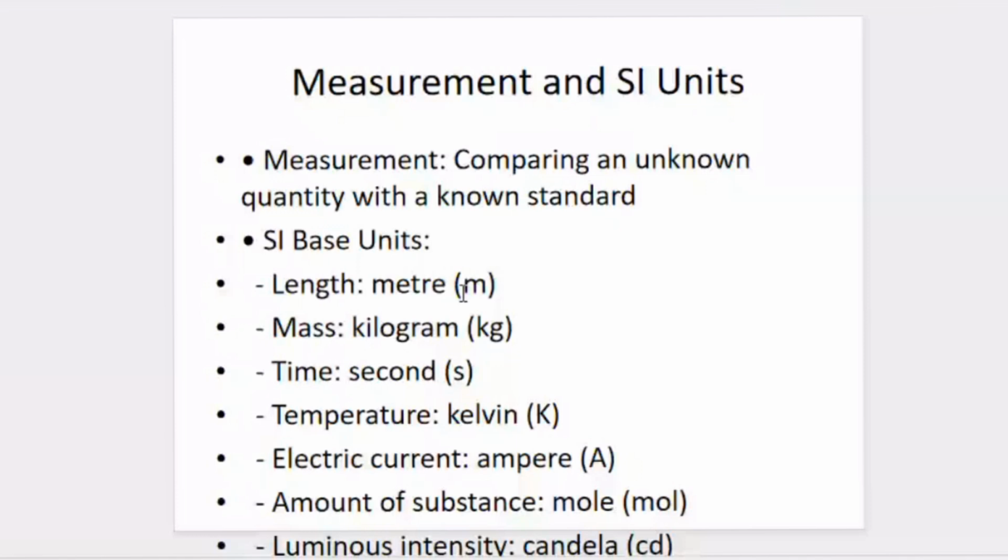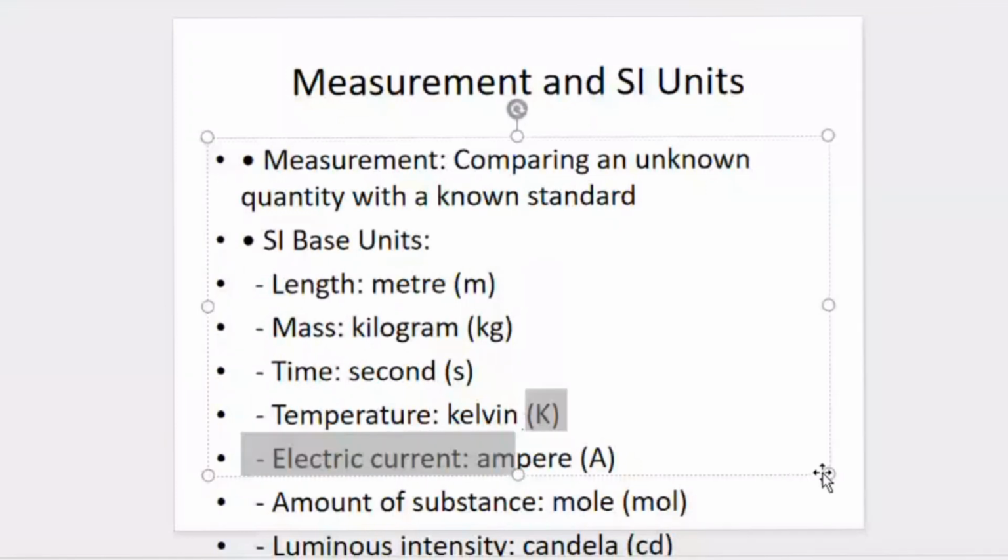The measurement for mass is with the unit kilogram. The measurement for time is with the unit second. The measurement for temperature is with the unit Kelvin. The measurement for current is with the unit ampere. Amount of substance, as in chemistry, is always represented in moles, and so on.